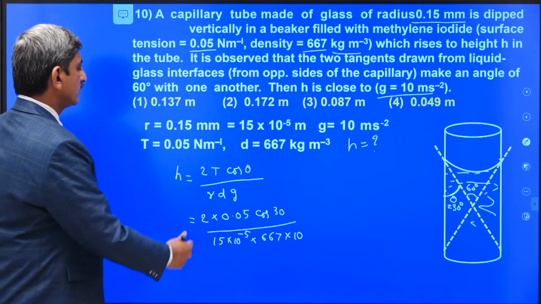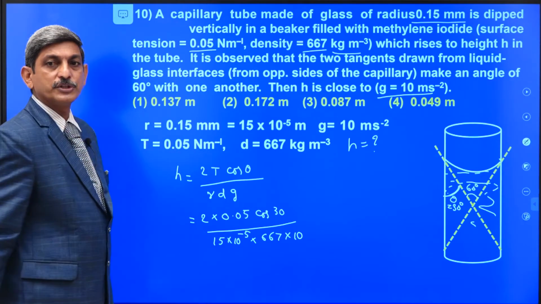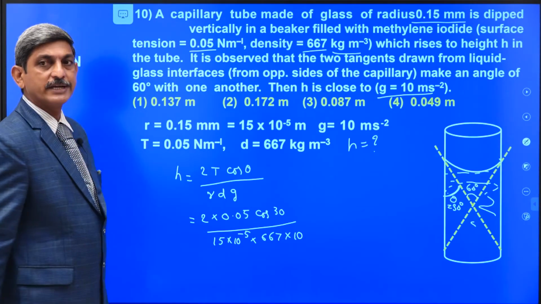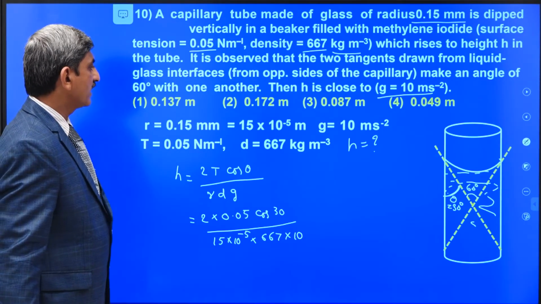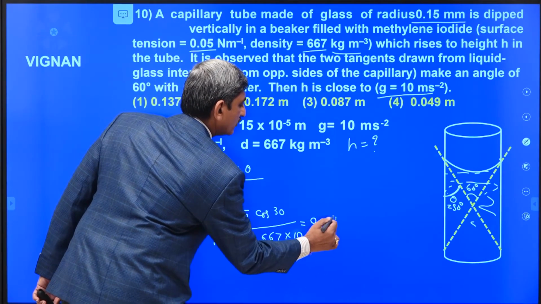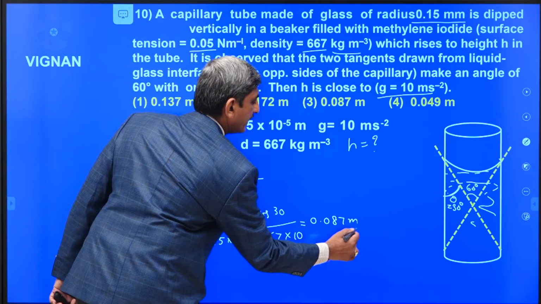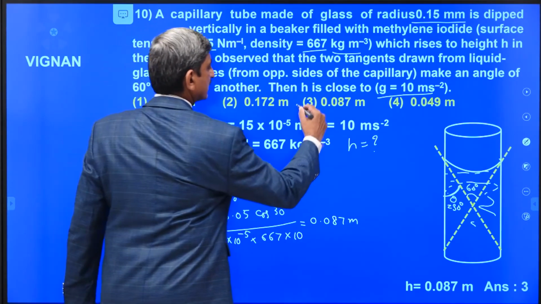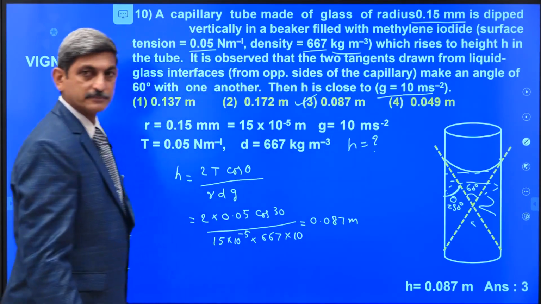By substituting cos 30 is equal to root 3 by 2, and by making mathematical simplifications, we get 0.087 meters. So your answer is 3.